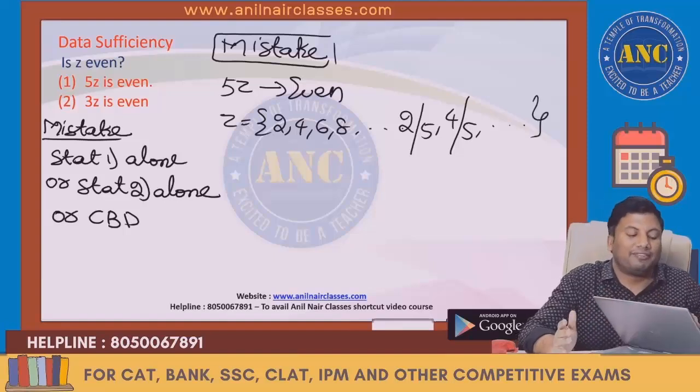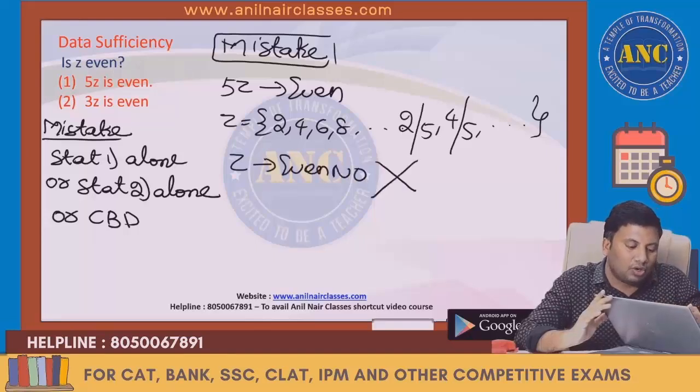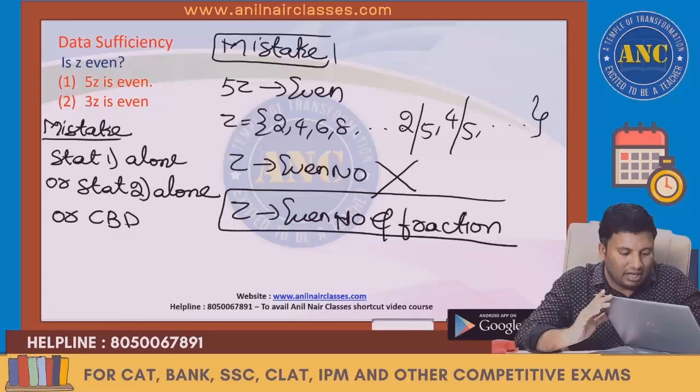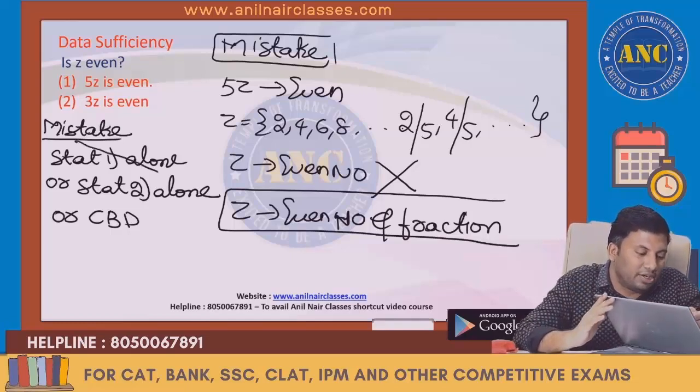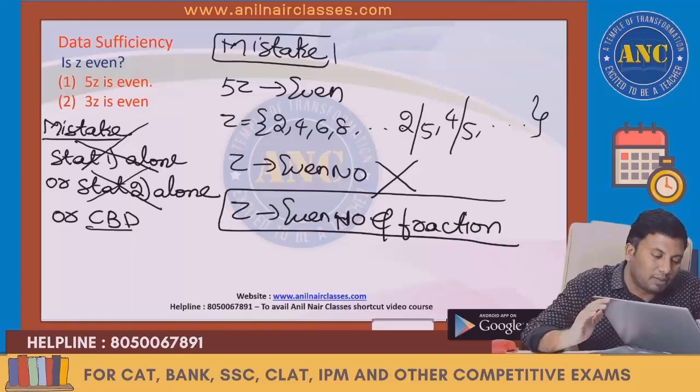Since 5z is even, they will consider z also as an even number. But z is not only an even number, z can be an even number and a fraction. Because of this mistake, they will tick statement 1 or statement 2 alone, and they will also tick cannot be determined.